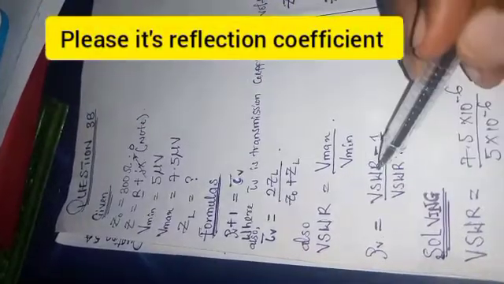And there's also a formula called the voltage standing wave ratio, which is VSWR. The VSWR is equal to the maximum voltage divided by the minimum voltage. And there's a relationship between the reflection coefficient and the voltage standing wave ratio: the reflection coefficient is equal to the voltage standing wave ratio minus 1 all over the voltage standing wave ratio plus 1.